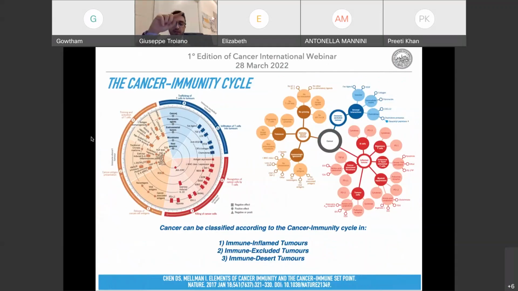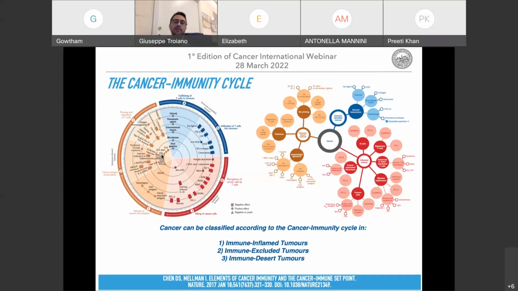We know that there is a cycle that leads the immune system to fight and kill cancer cells, and if we have inhibition in different phases of the 7-step cycle, we can have a different type of tumor, the so-called tumor phenotype. If there is a good response, we have immune inflamed tumors, where there is a huge amount of lymphocytes fighting against the cancer cells.